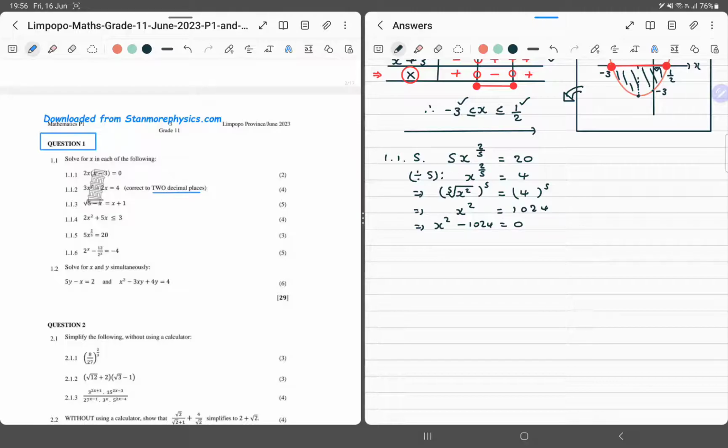So what you do on your calculator, you will just take that 1024, and then you press answer, and then you press shift, and then you press a button called fact. This gives us 2 to exponent 10, which we can reduce to 2 to the exponent 5 squared. So that's basically 32 squared.